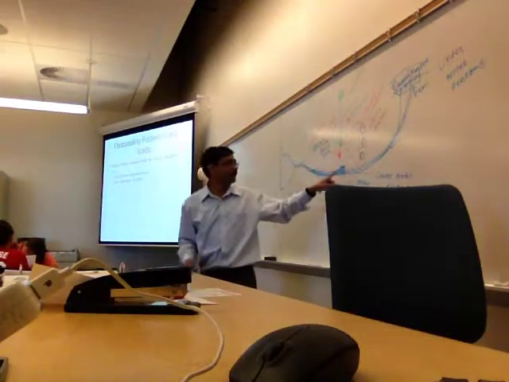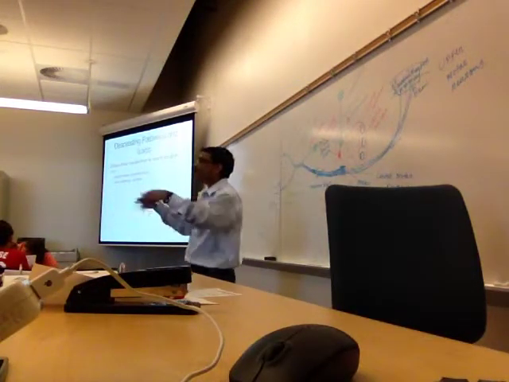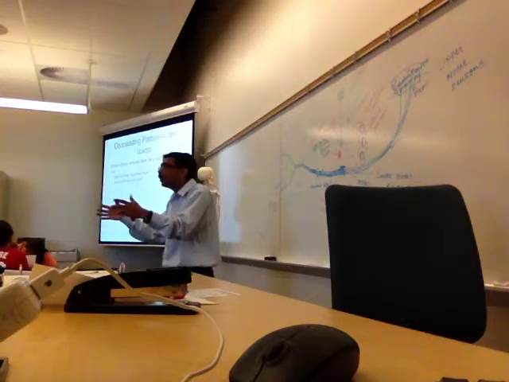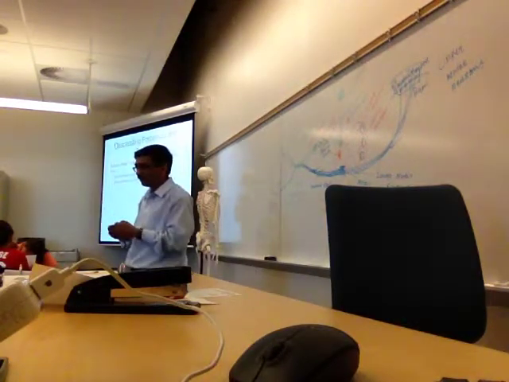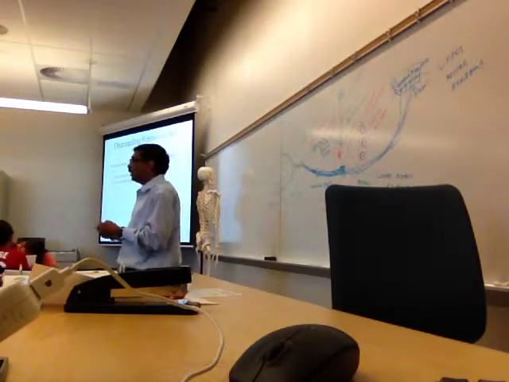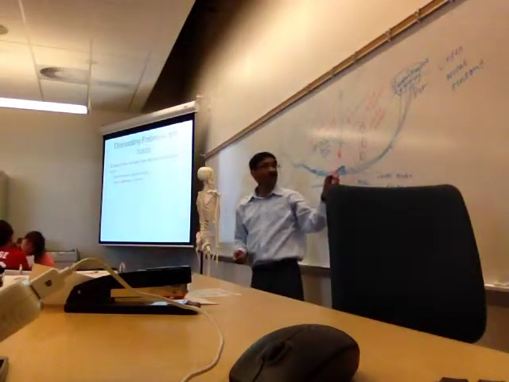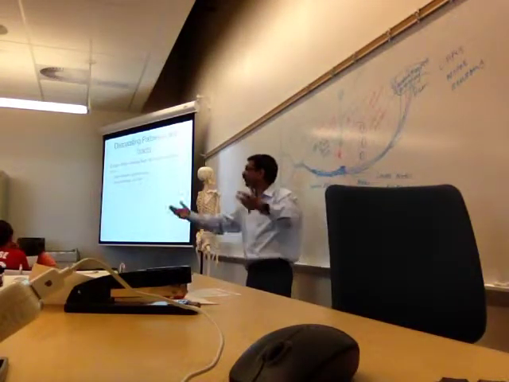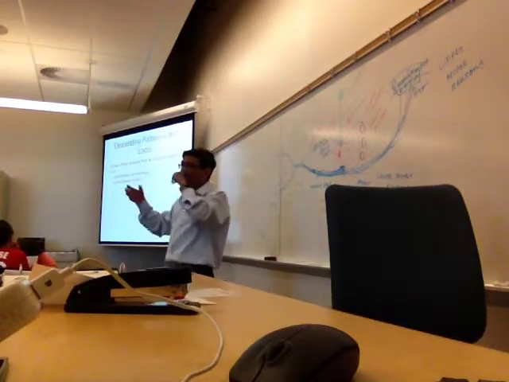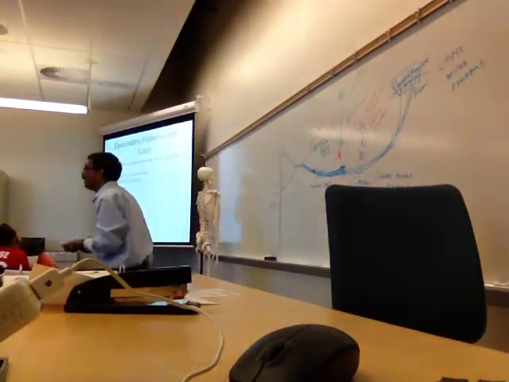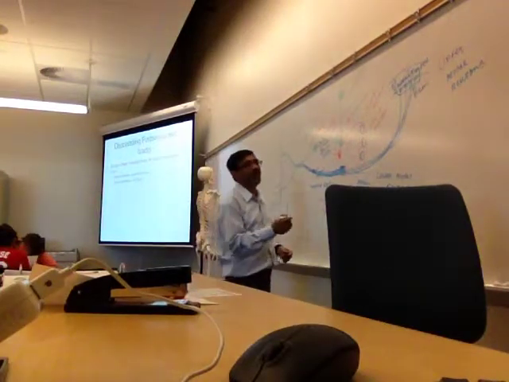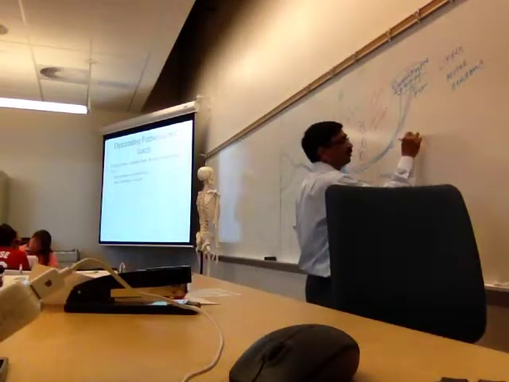So lower motor neurons always try to work more. And what kind of work? Contract the muscle. Okay? Now, when the upper motor neurons are dead, there is no control on lower motor neurons. So they will get freedom, and they will contract the muscles more forcefully. And that is called spastic paralysis.